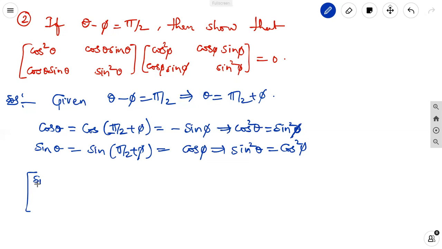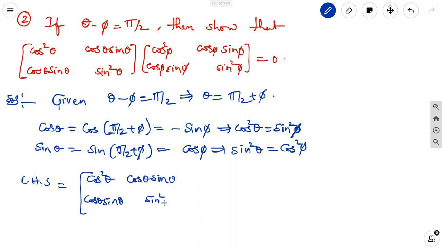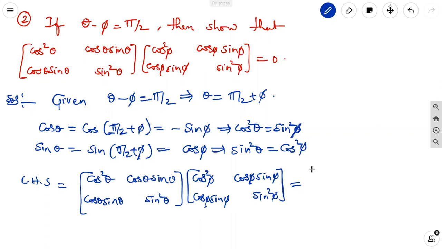First, we take the LHS. LHS is equal to the square matrix [cos square theta, cos theta sin theta; cos theta sin theta, sin square theta] into [cos square phi, cos phi sin phi; cos phi sin phi, sin square phi].